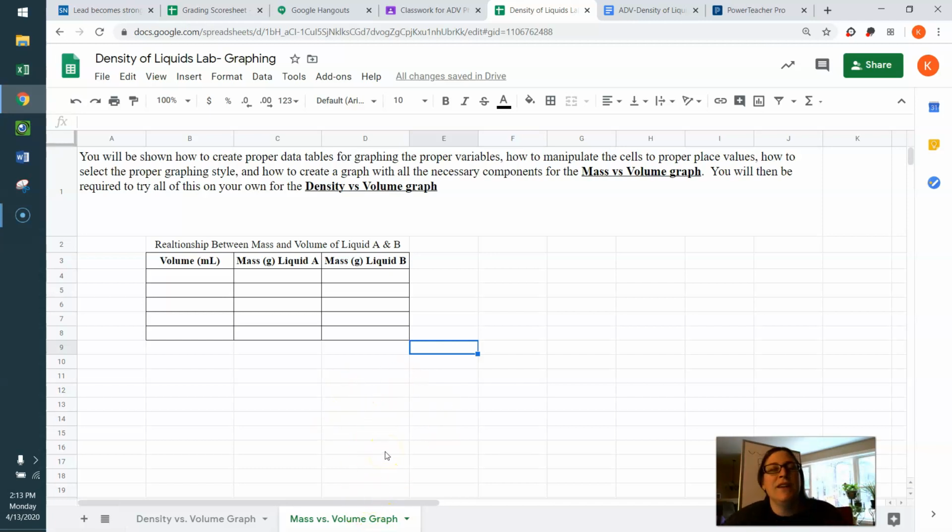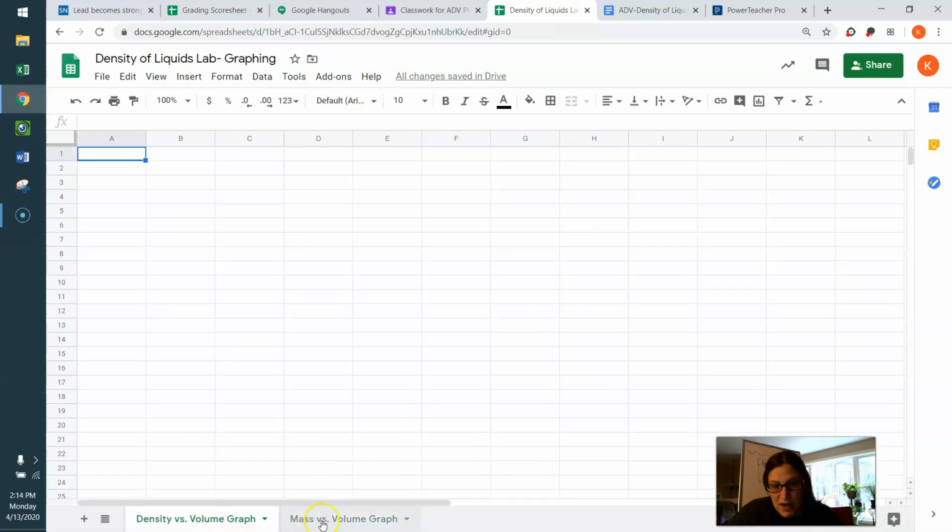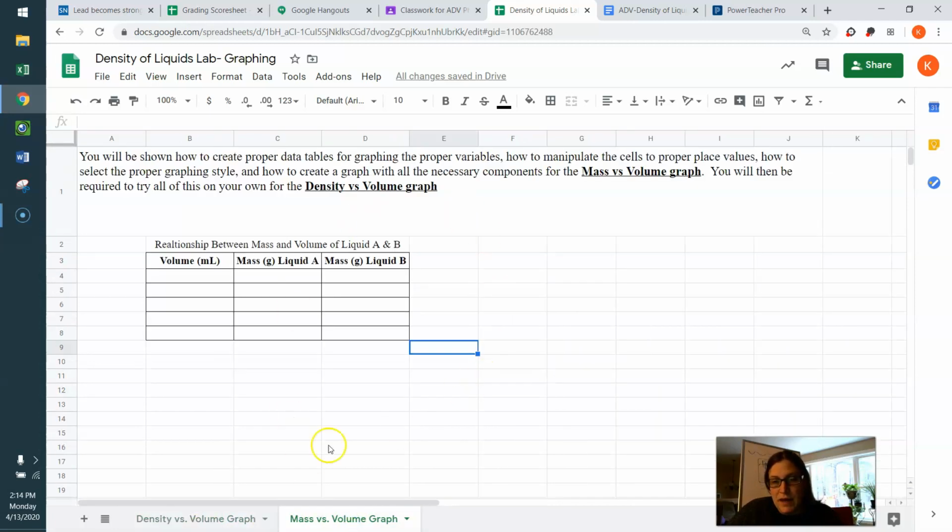I have a sinking feeling that these 2 tabs are not labeled correctly in the spreadsheet that I shared out. So just make sure if you're opening up by clicking on these tabs, the mass versus volume graph is where we are going to begin.